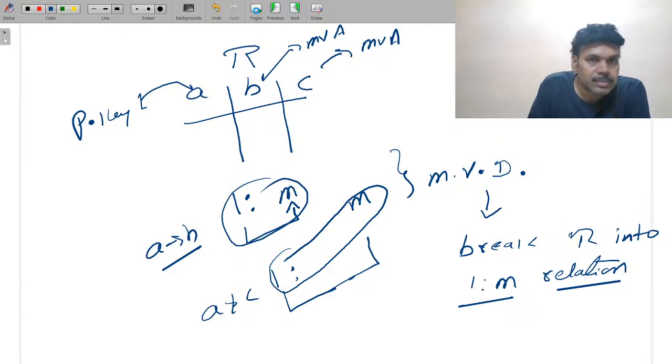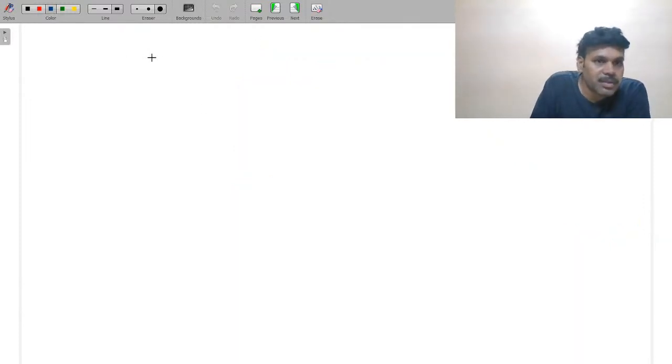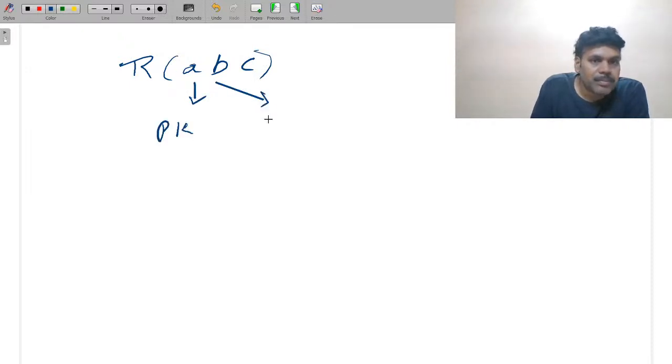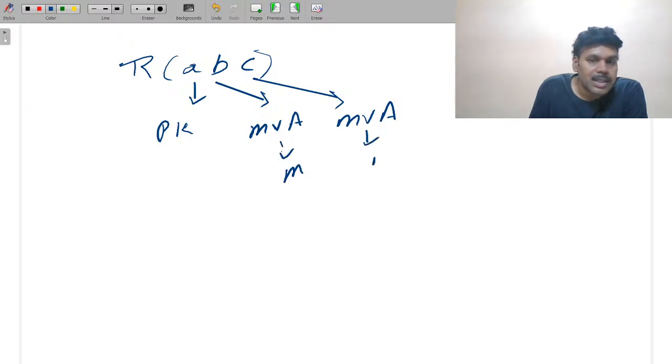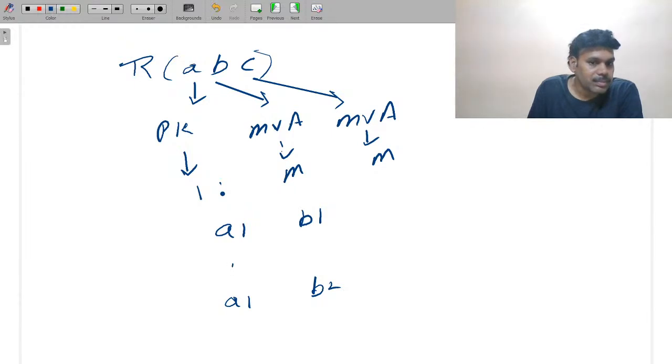So how to prove it? Look carefully. There is R of ABC, primary key, multi-valued attribute. This can repeat M times, this can repeat one time. Therefore, A1 is coming with B1 and A1 is also coming with B2, and A1 is also coming with B1 and A1 is also coming with B2.